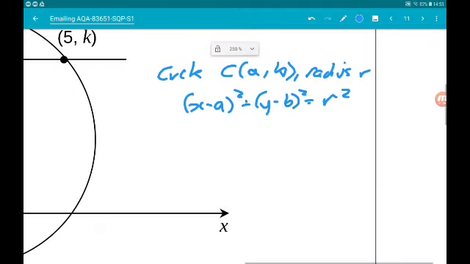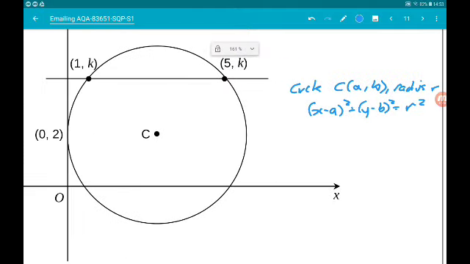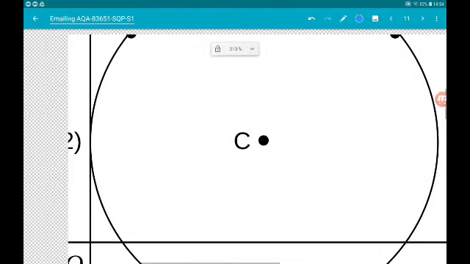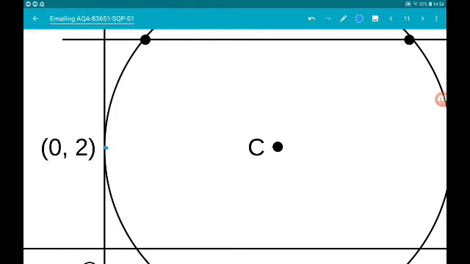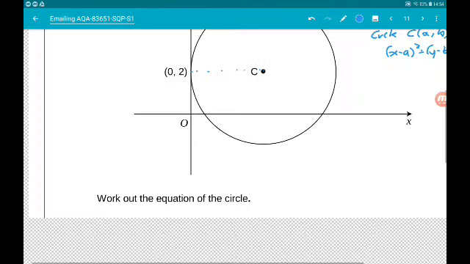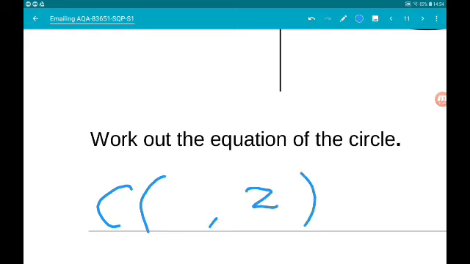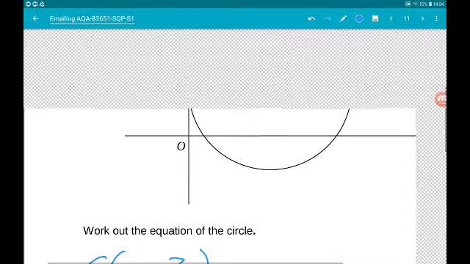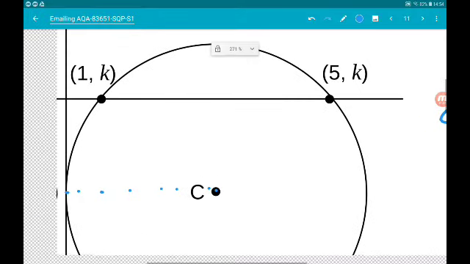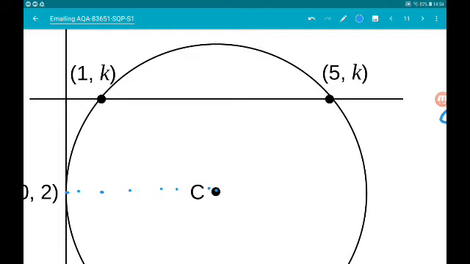Now, we need to track down then the coordinates of the centre. Now the y coordinate is going to be the same as where we touch the y-axis. So the centre has a y coordinate of 2. Now the x coordinate is going to be the midpoint of this line.